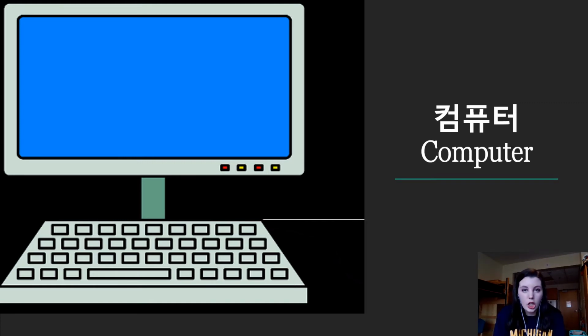Like computer. So it's better for you to just learn the Konglish anyway, just so you're not speaking Korean and you're just throwing computer 어디에 있어요? Like that. So you're gonna want to learn computer. So the Korean pronunciation of this word will definitely help you in the future.